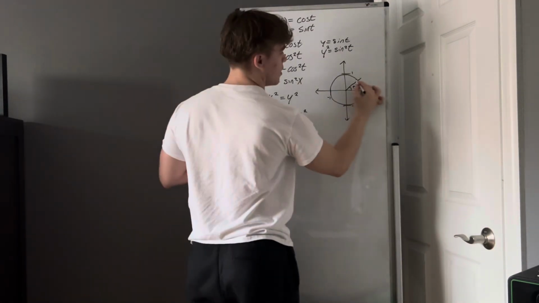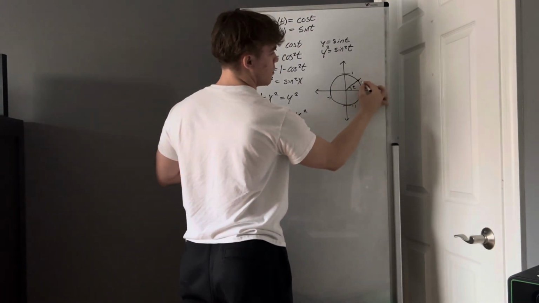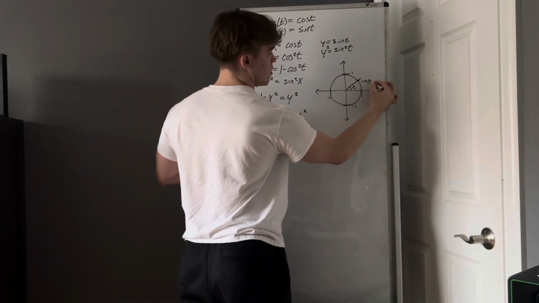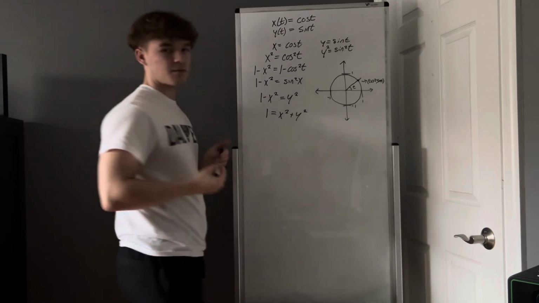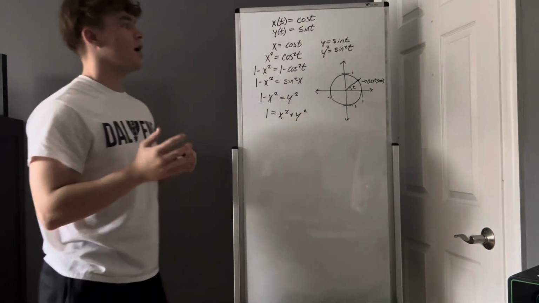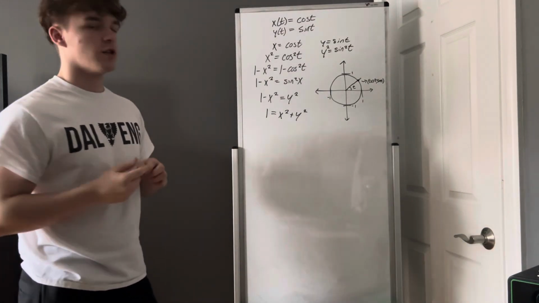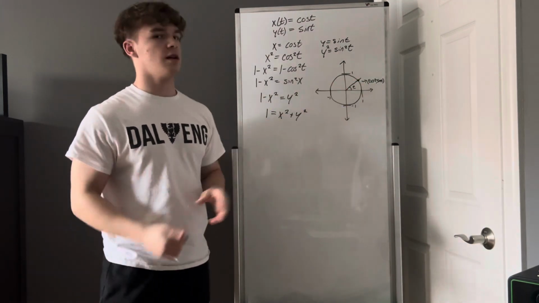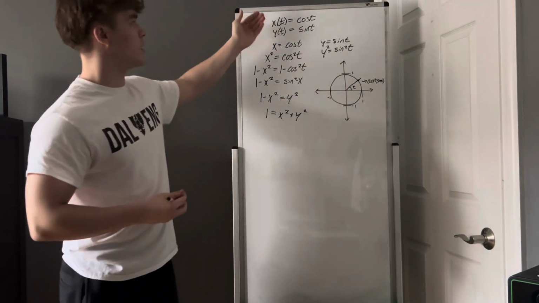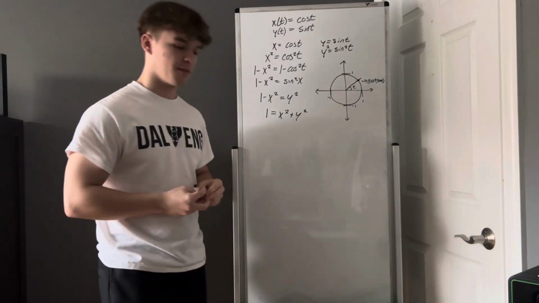And this point right here would be cos t, sine t. And so that's what our parametric equations are telling us, is that we can find x and y easily on this circle by using these functions.